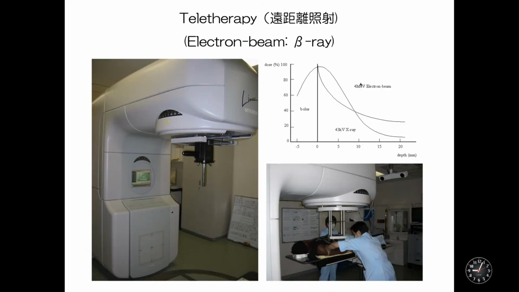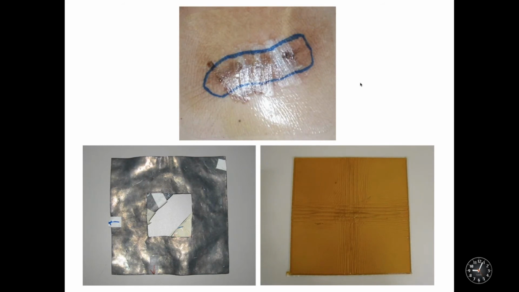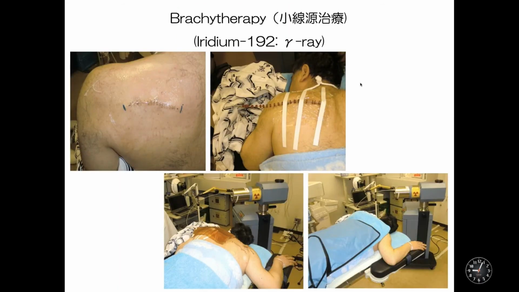Actually, beta ray is easy to adjust in depth, and after penetrating the dermis, the dose immediately decreases, so it is clearly safe. So beta ray is the primary choice for keloid in Japan, and we have used a protector and bolus to adjust thickness. And sometimes for incisional wounds, we have used external brachytherapy.